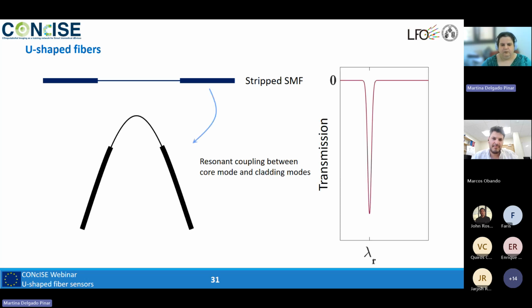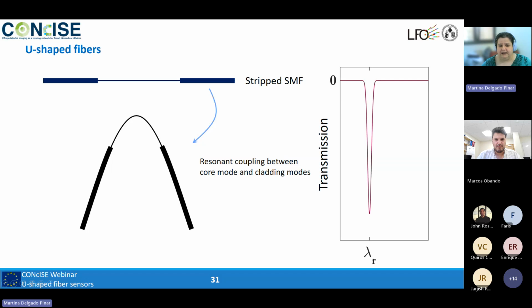So when we bend it, what happens is that the core mode will couple to one of the resonant modes, and it will appear, as in the long period grating case, a resonance at a given wavelength that will be defined, in this case, by the curvature of this U-bend.